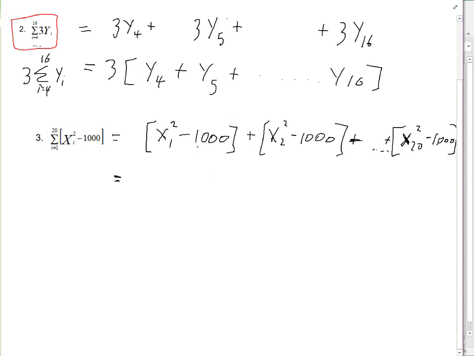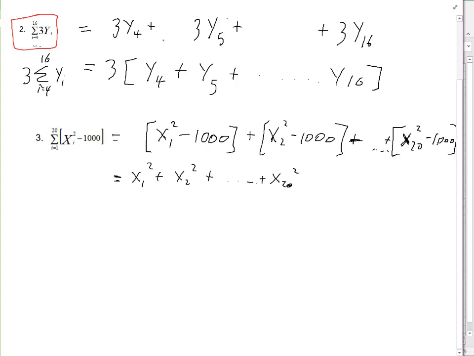What you should be able to see is, with these thousands here, how many lots of thousands you're going to get. The answer is you're going to have x1 squared plus x2 squared plus all the way up to x20 squared.